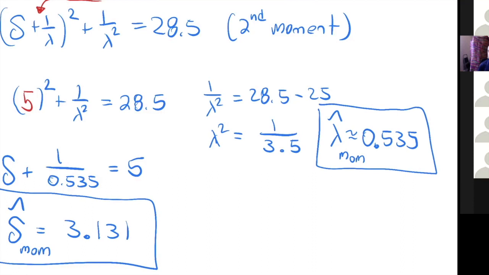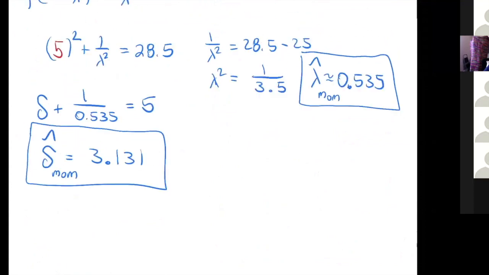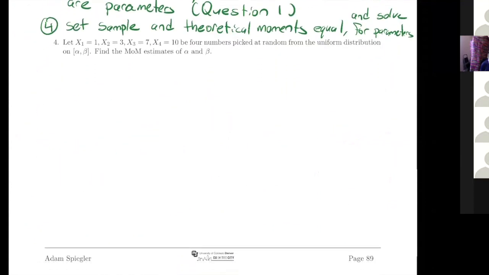Okay, any questions? Okay, if not, let's take a look at the next example, which deals with the uniform distribution.